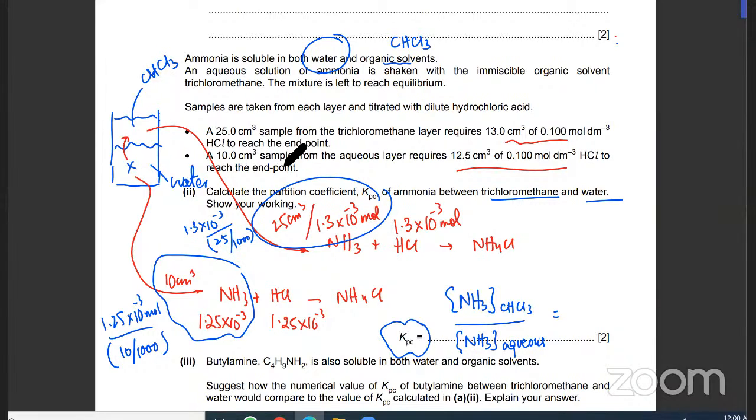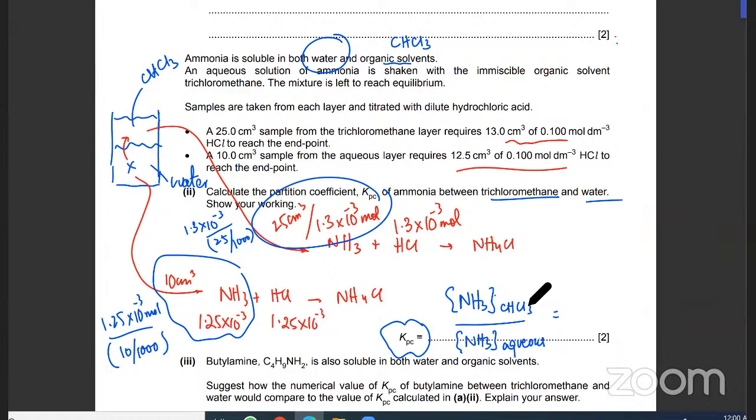Then he took a separate 10 cm³ sample from the aqueous layer, titrated it with HCl, and gave you the moles of HCl that were reacting. You got these many moles in 10 cm³. So you were able to figure out the concentration of ammonia in the aqueous layer as well as in the CHCl3 layer.